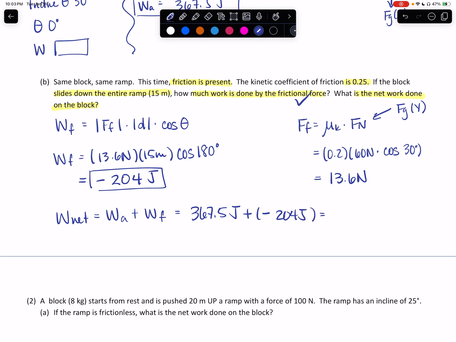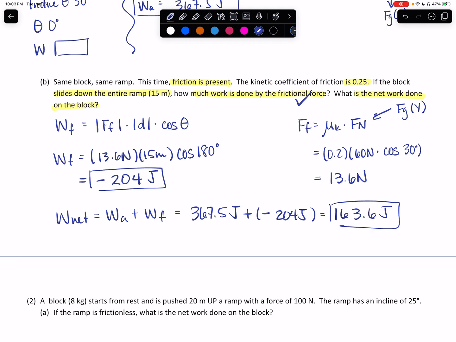We plug that in our calculator, and we have a net amount of work of 163.6 joules. So you can see how once we calculate the frictional part, it's negative work because it's opposing motion. And when that goes into our W net, it ends up pulling energy out of our system despite all the energy we're trying to put in.